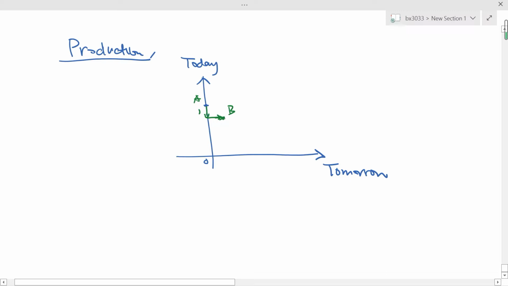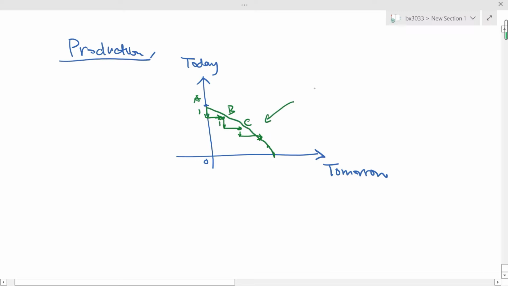From point B, I'm going to cut 1 more unit of production today, and using the saved resources to produce for tomorrow. And suppose I can produce this many, and that's point C. Okay, I can keep doing this many times, so I can get all these points, and I can link all these points together.